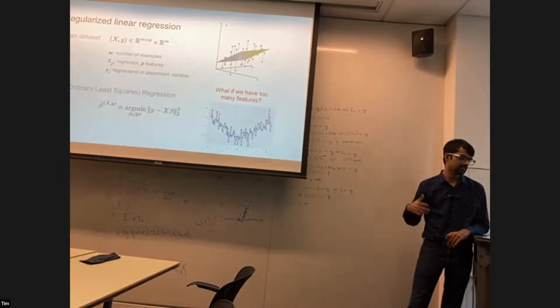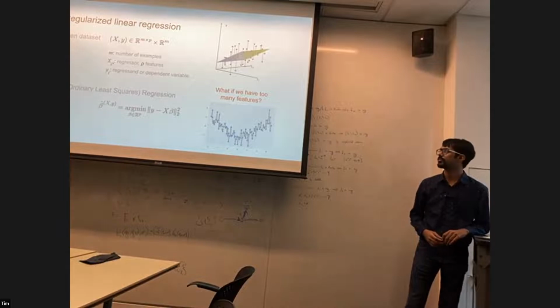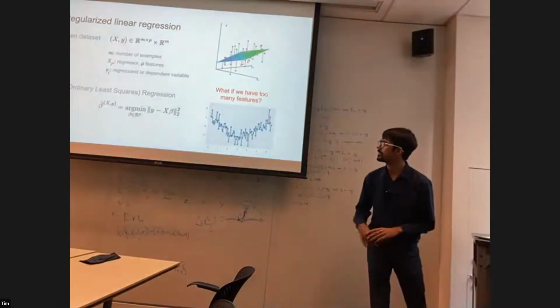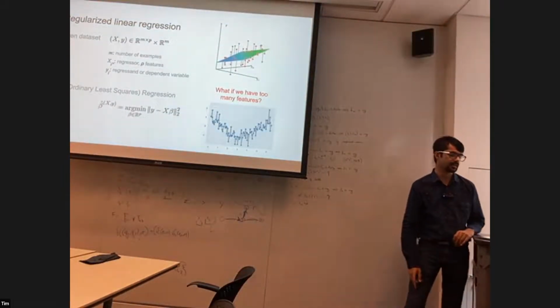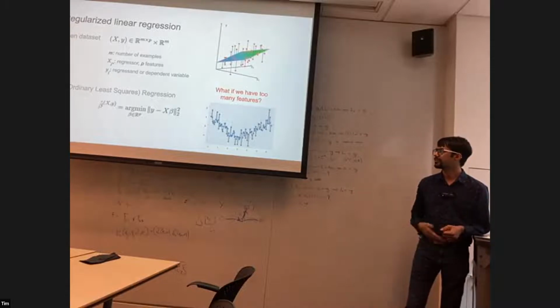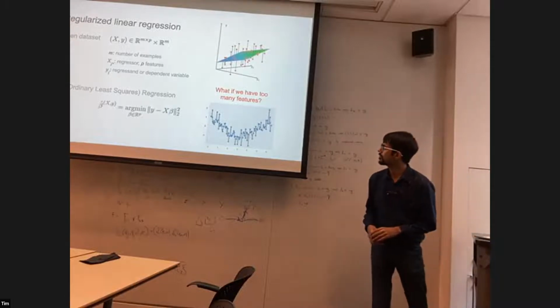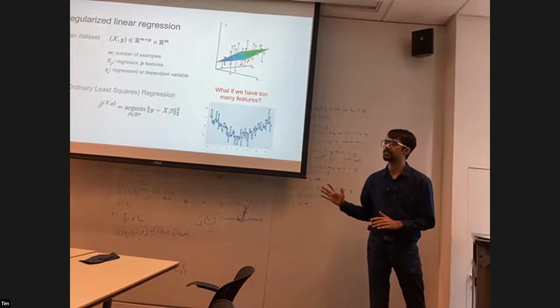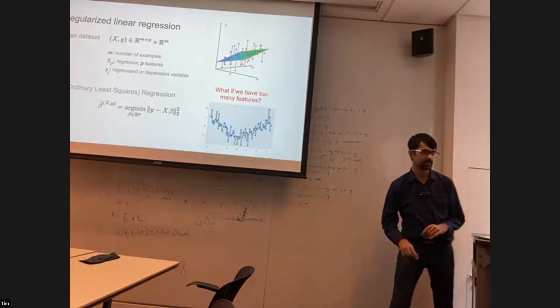You can essentially minimize this loss by appropriately selecting beta. In fact, you have a closed form for beta, but it may not turn out well in practice. For example, if you get a new example from the same distribution or same problem family, you might not get a good value just because you're overfit on your training set.